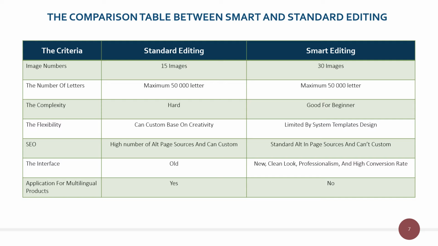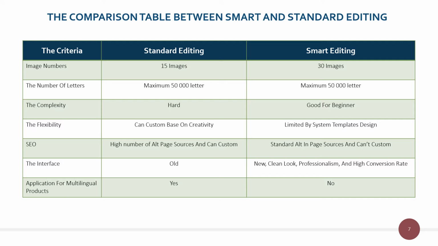The first one is the image number. For the standard editing, you can only upload 15 images. However, for the smart editing, you can upload up to 30 images per product page template. And for the number of letters, these two have a maximum of 50,000 letters.